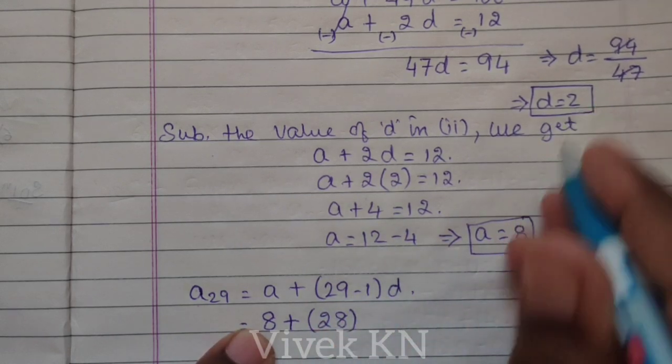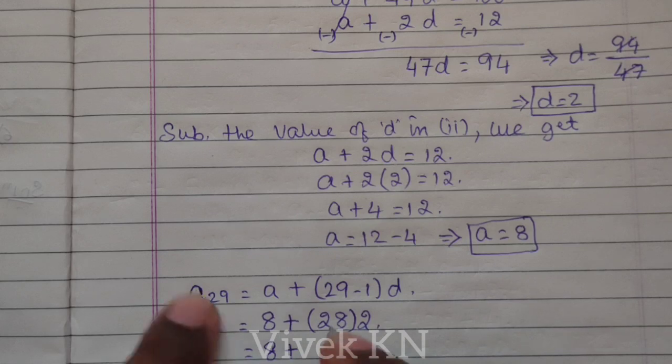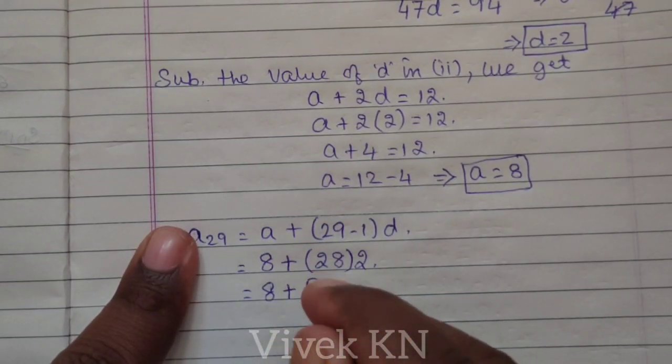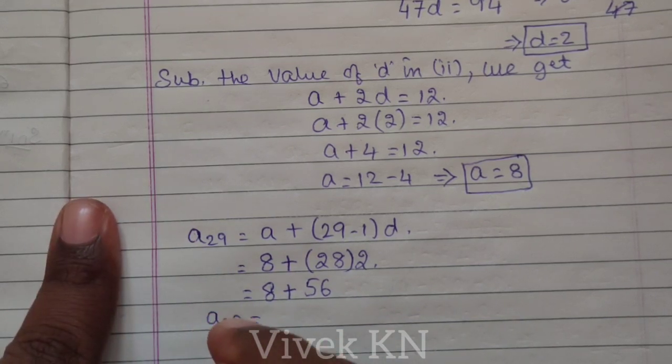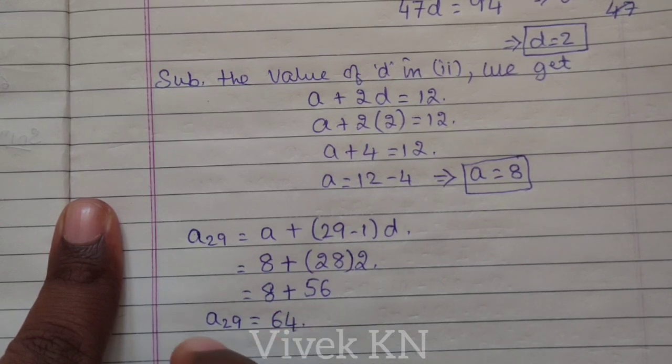Value of D is 2, is equal to 8 plus 28 into 2, 56. That is value of 29th term is 64.